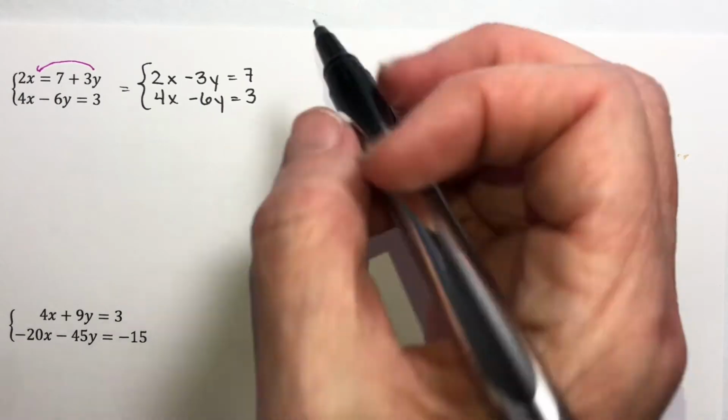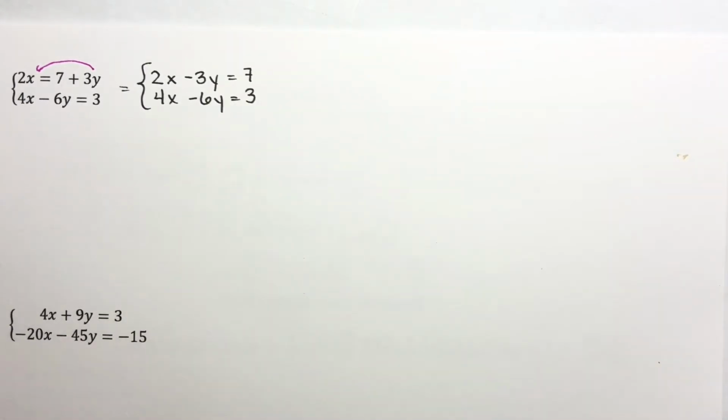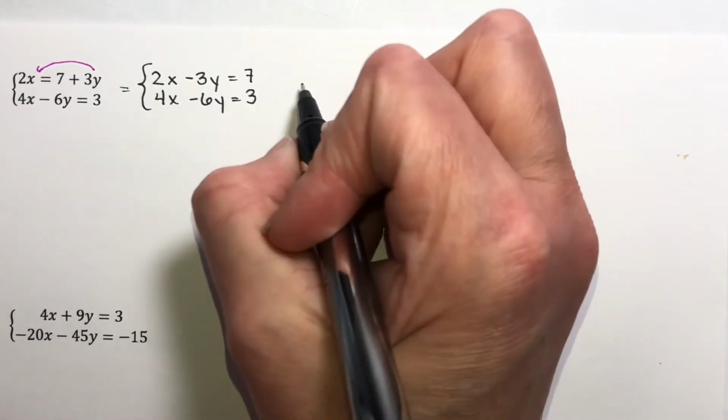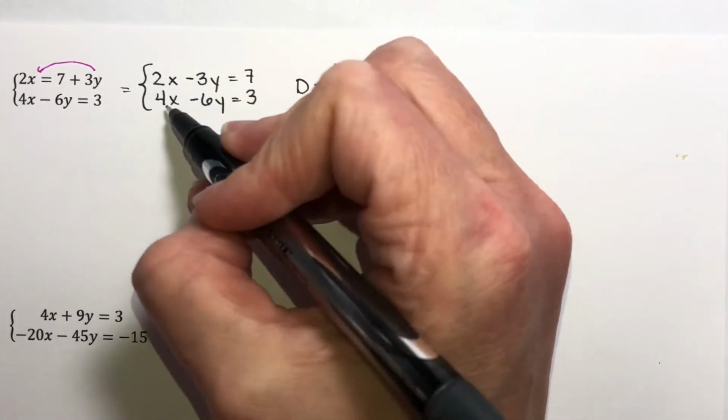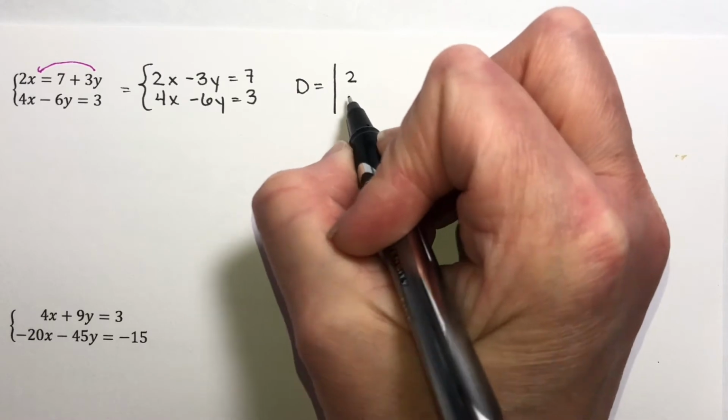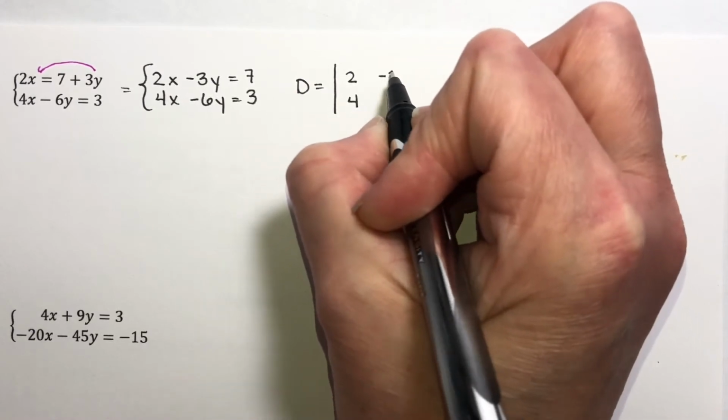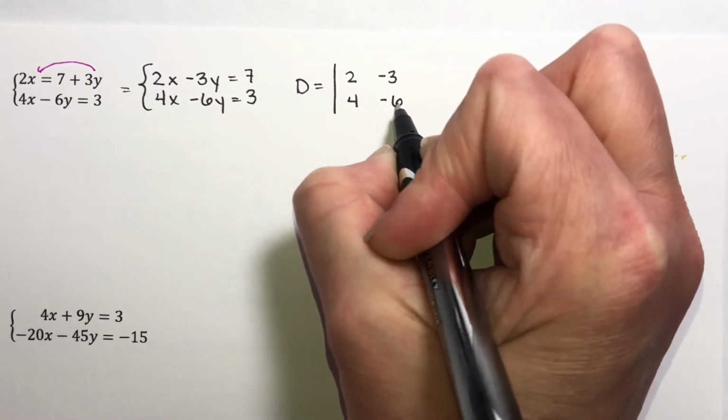Okay, now we're going to create our D, our Dx, and our Dy. Our D determinant we make from our coefficients here, 2, 4, -3, and -6.